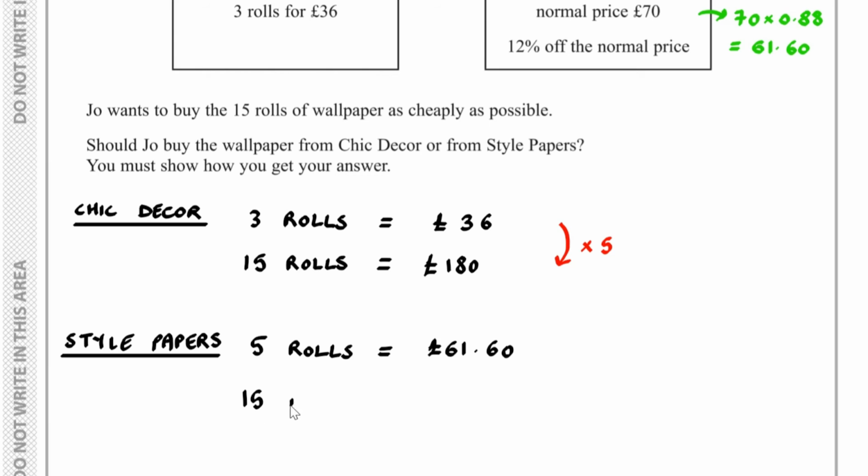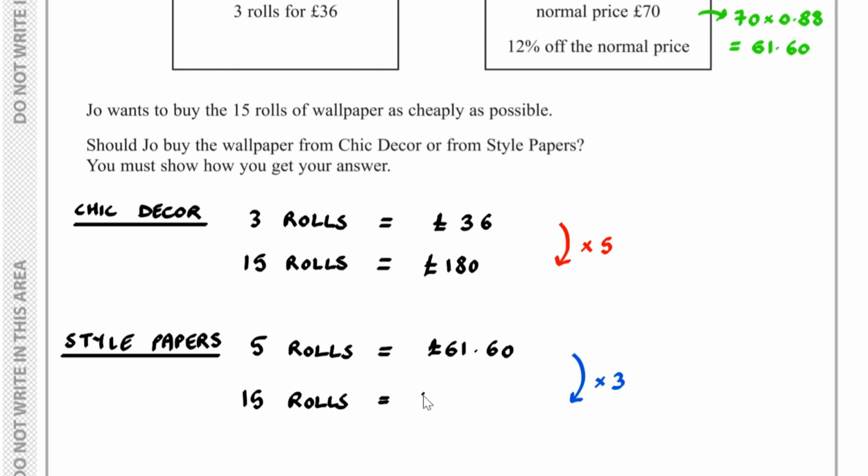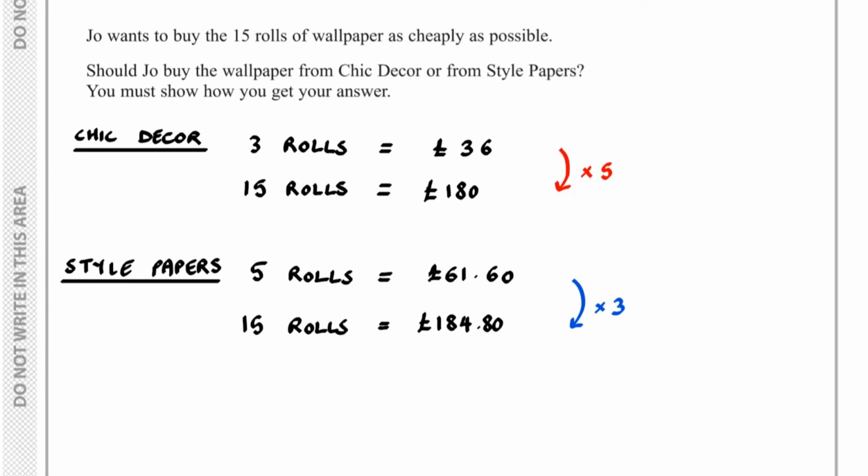We want to find the price of 15 rolls. So if I multiply by 3, we get 184.80. And so therefore, we can buy from Chick Deco, it's cheaper.